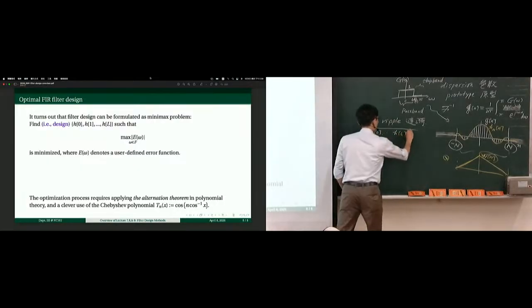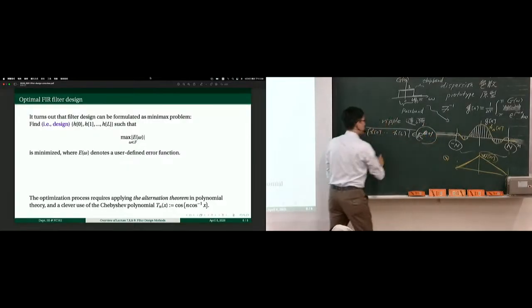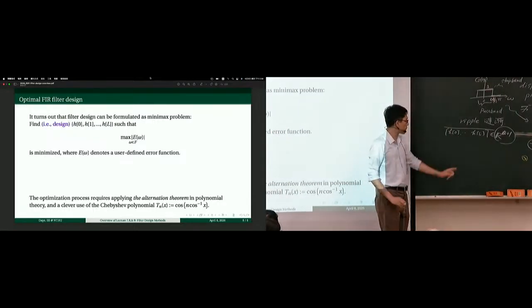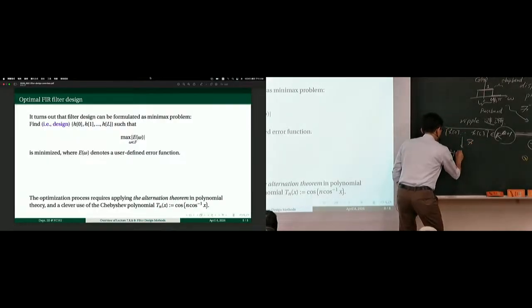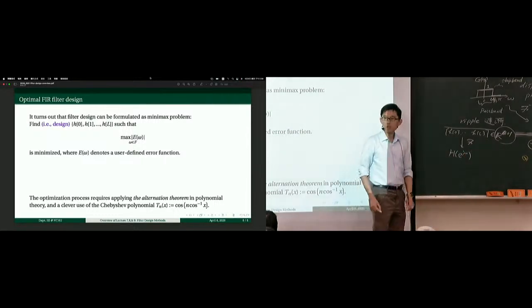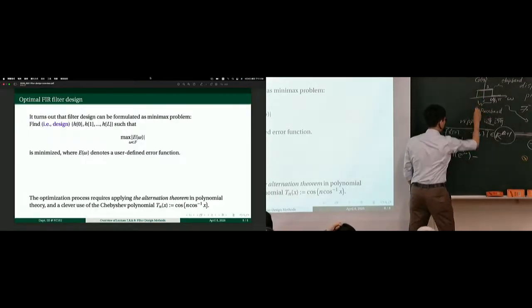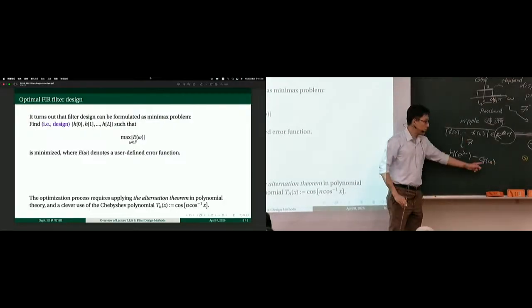So this is a vector that belongs to the space of L plus 1 samples. Okay? So within this space of all possible filters, if you take the Fourier transform, you get H of e^{jω}, right? And let's say the desired response is G of ω. Okay? So the difference is your design error, right?